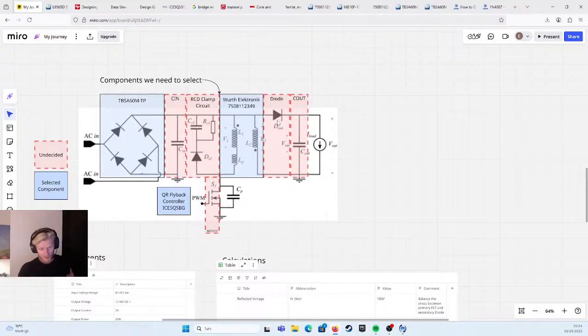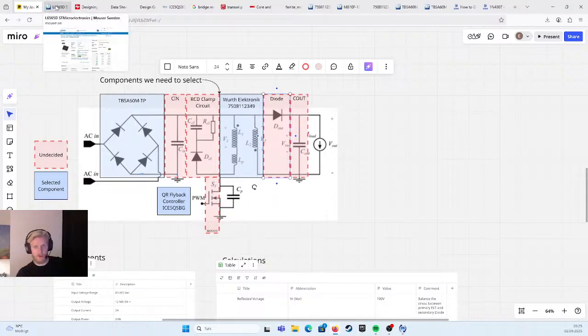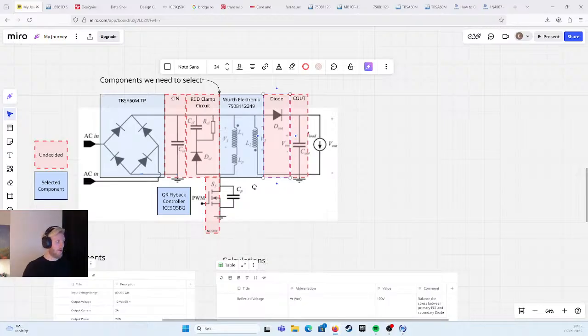Which one should we do next? Maybe the diode, the output diode. It needs to handle 12 volts, right? Selecting diode.